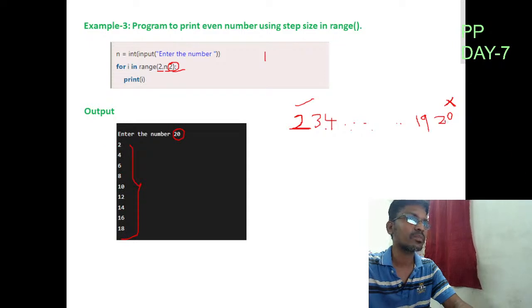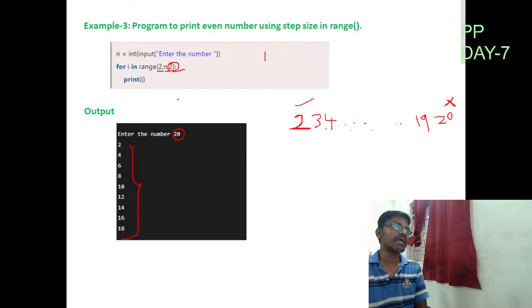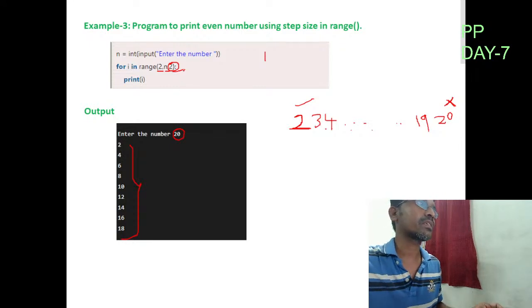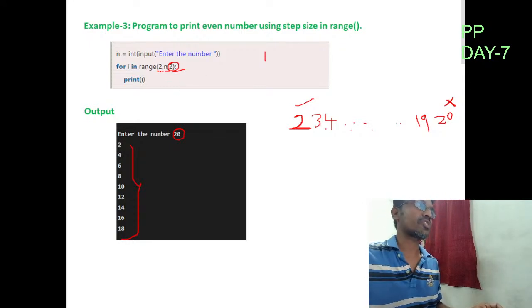It does not print 20 because 20 is excluded. That's why, with a step count of 2, it prints in increments of 2. That is the example for the range function. In this example I am using a starting value, an ending value and a step count.